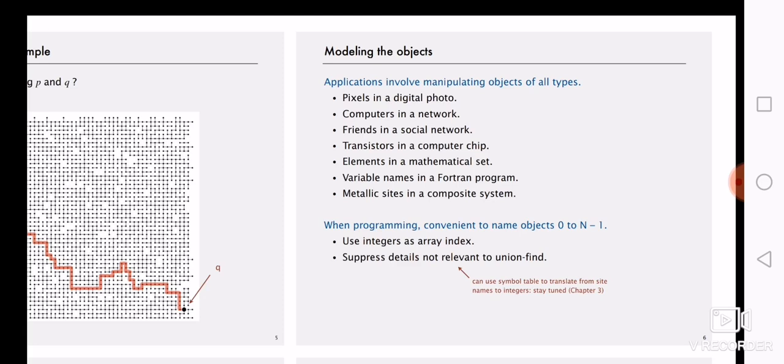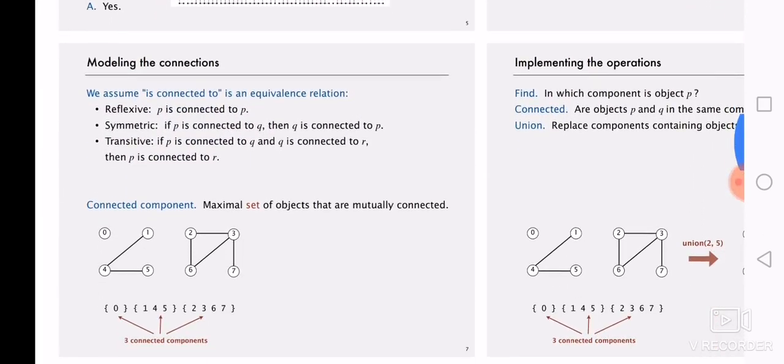And suppress details not relevant to union-find. We can use a symbol table to translate from site names to integers. The point of abstraction and modeling the objects is to suppress details which are not relevant to union-find. If these are computers, you need to know only their IDs but not some extra information about the computer. So let's move on.